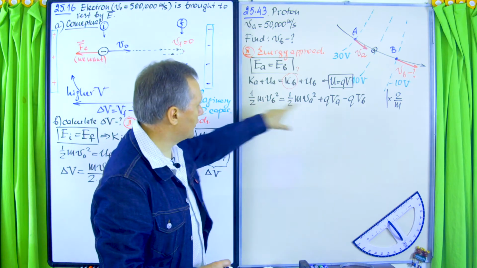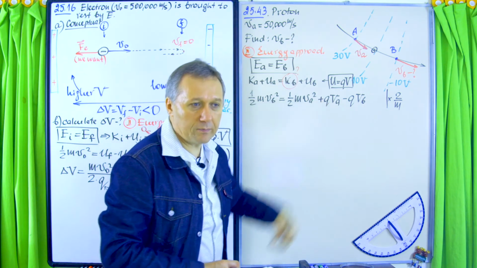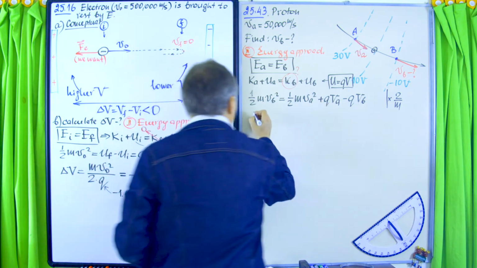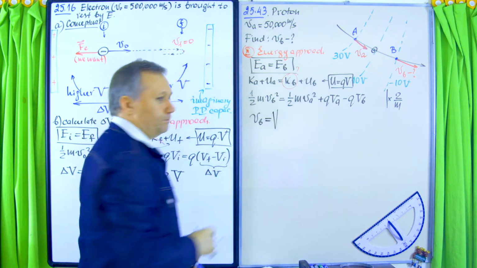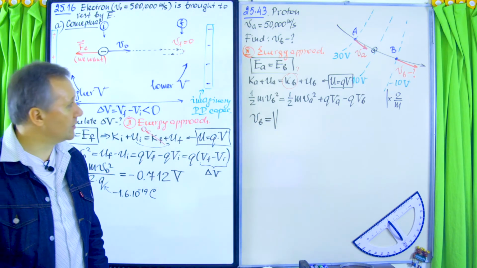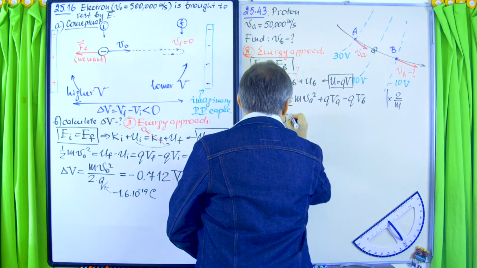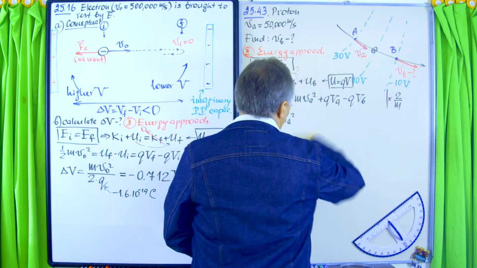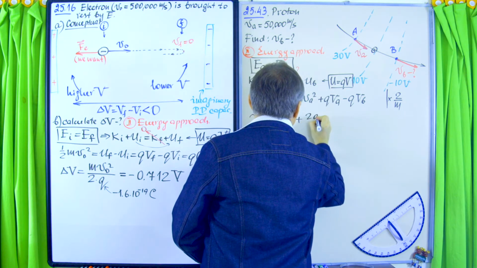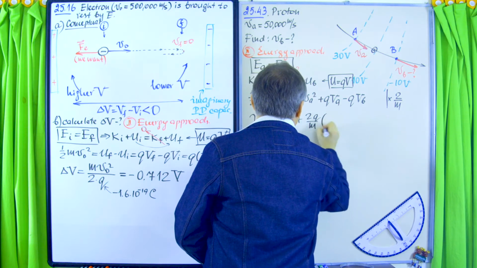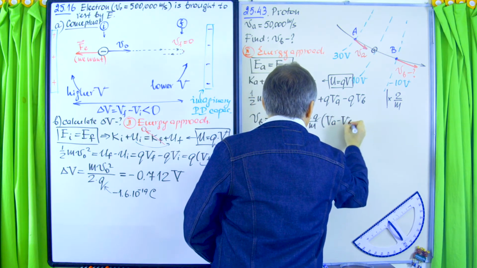So this m will disappear, 2 will disappear, and here we'll get 2q divided by m, so on. Of course I will take a square root sign immediately. So this will be just v_A squared. Then q, of course, I will factor out. So it will be plus 2q divided by m, times V_A minus V_B.